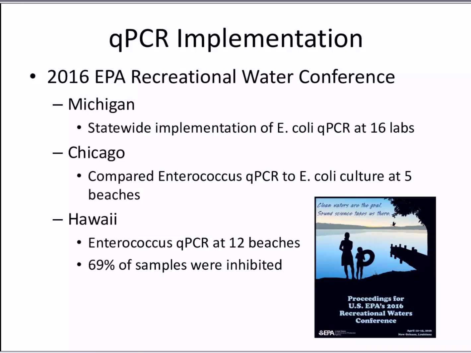They trained each of the labs to run this E. coli qPCR. From what I understand, that's where they're at. I'm not sure how they've progressed, but the thought was once the labs are up and ready, they would run their samples, send their data through a data portal, and then the results would get posted to the public, and hopefully get same-day results.